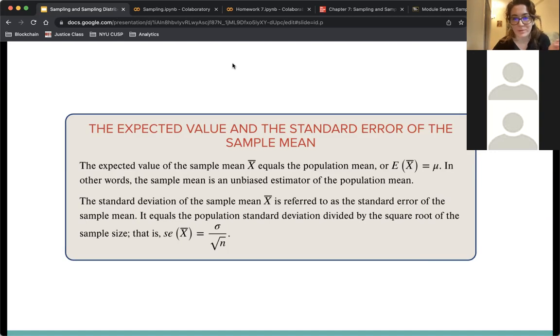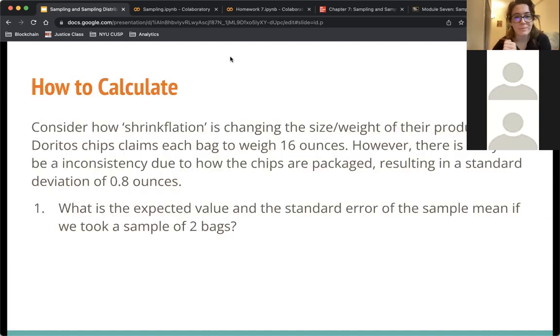So let's walk through an example. Something I've been hearing on the news lately is all about inflation and this concept of shrinkflation, which means that you might be paying the same for a bag of chips, but you're actually getting less chips.